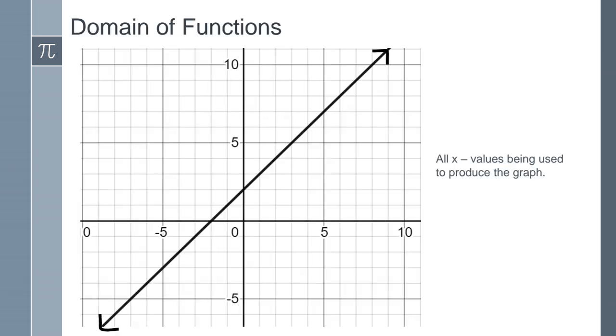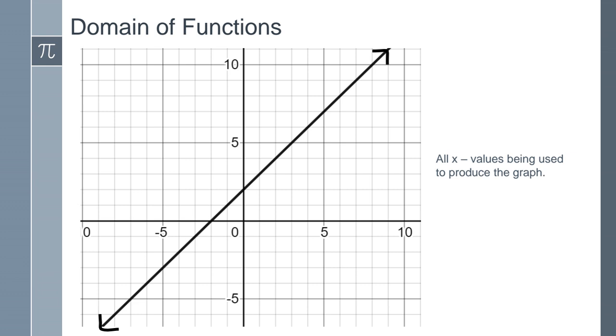So the domain, as Mr. Carizales mentioned earlier with some of his examples, is all the x values that we see. And we usually use the variable x, but it could be the variable t, for example. But the domain is everything that is on this axis, whether we call it x values or t values, but it's going to be all of these values here.